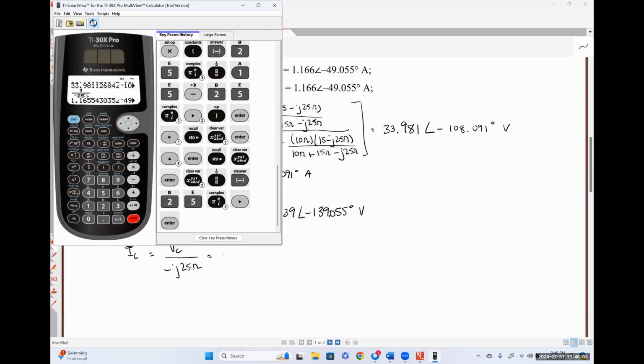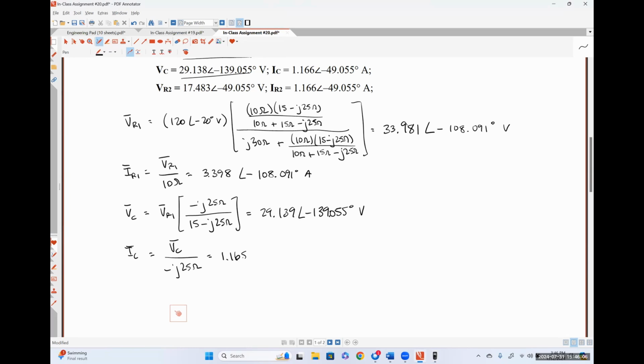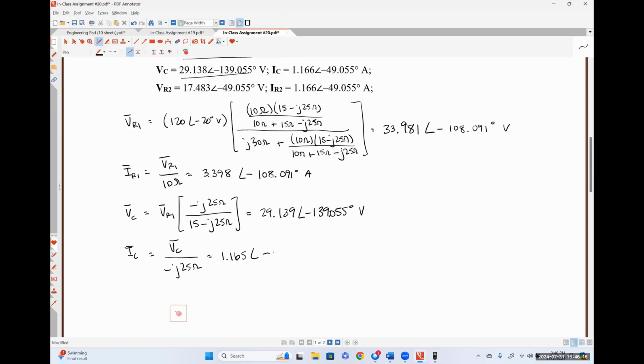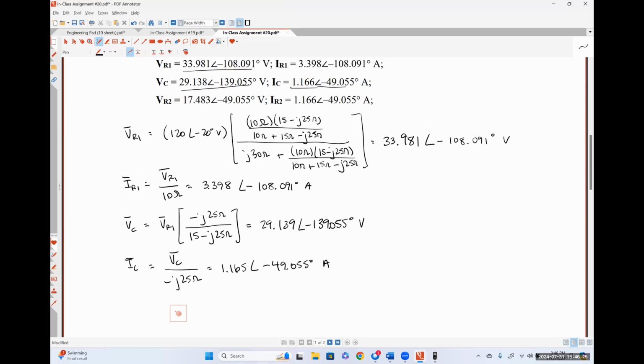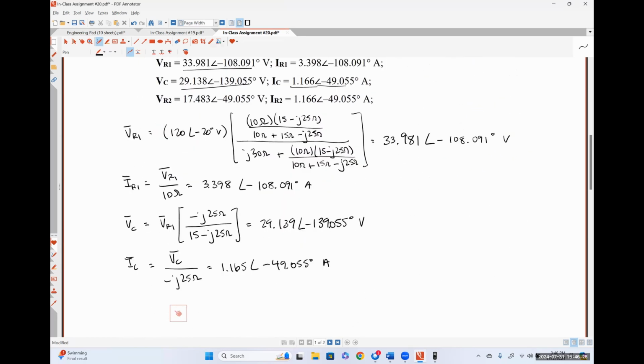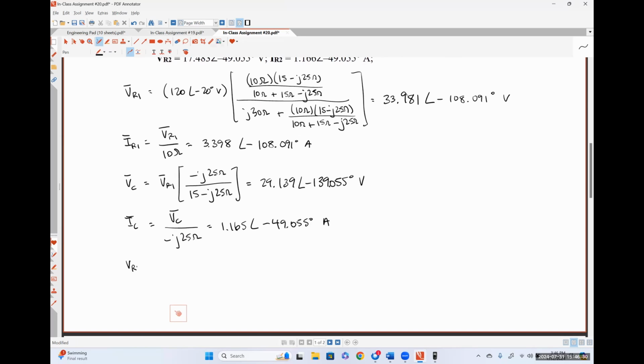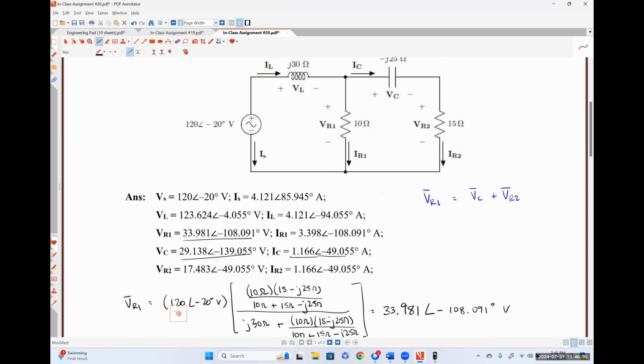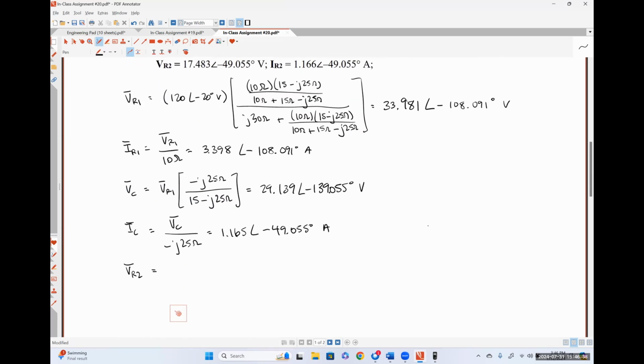comes out to be 1.165 angle negative 49.055 degrees amps, which agrees with what we have there, so that's fine. That voltage drop VR2, just to be lazy, would just be that exact same current that we just found times 15 ohms.